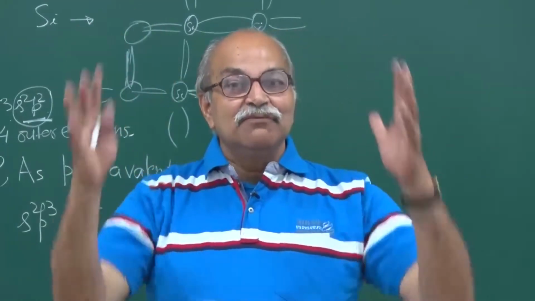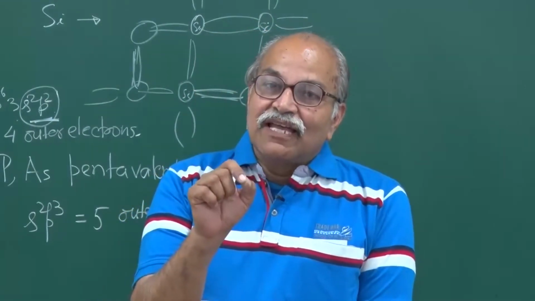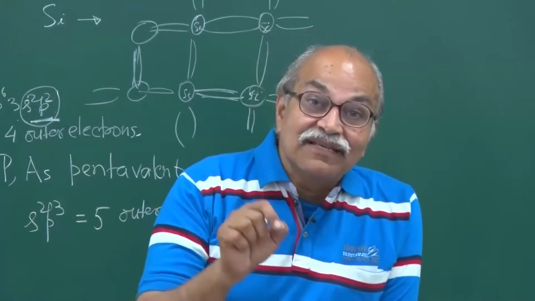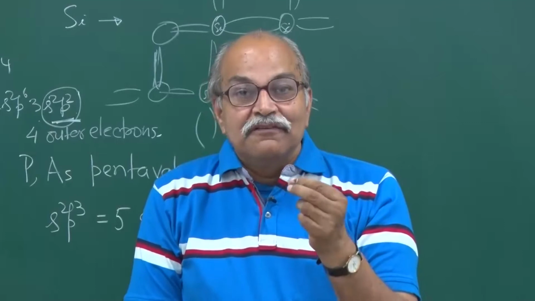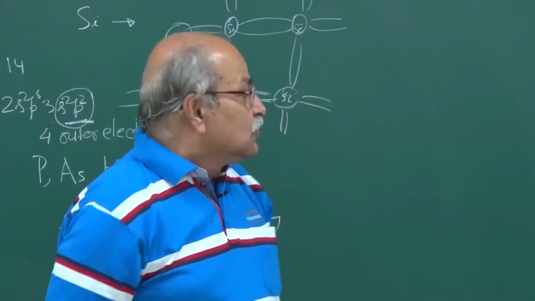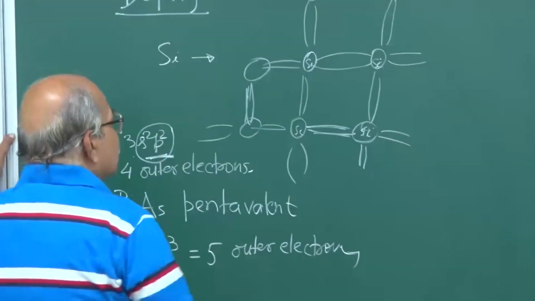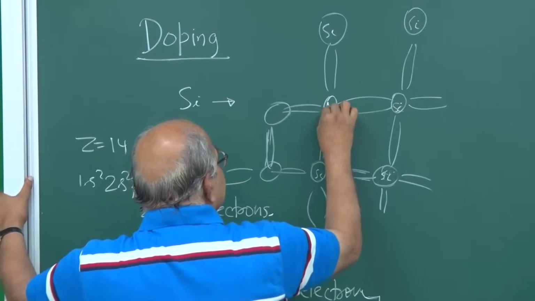We have that same structure of silicon, and some of the silicon atoms are replaced by arsenic atoms. That is known as doping. We have doped arsenic into silicon. Suppose a particular silicon is now replaced by arsenic.